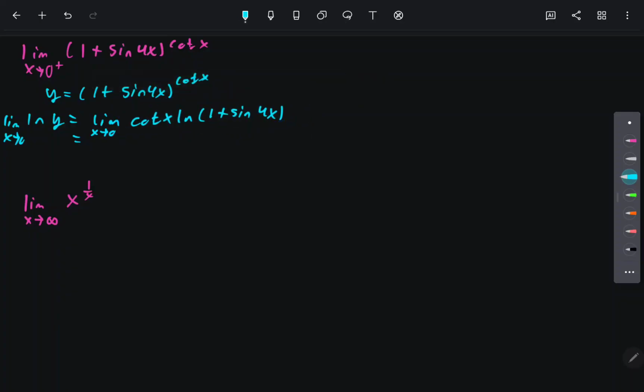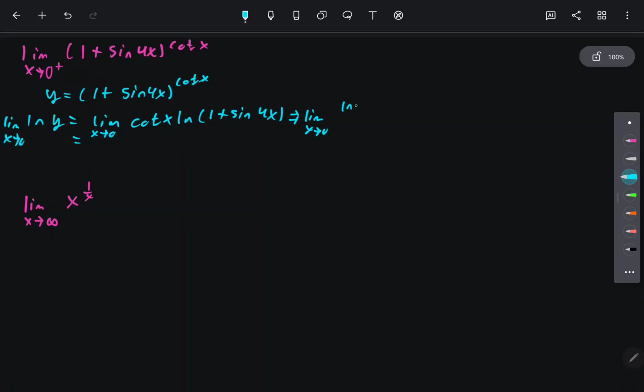However, we can very easily make this into a quotient. I'm going to work this horizontally, as I think this makes a bit more sense that way. So we're going to get the limit as x approaches 0 of the natural log of 1 plus sine of 4x divided by tangent of x.